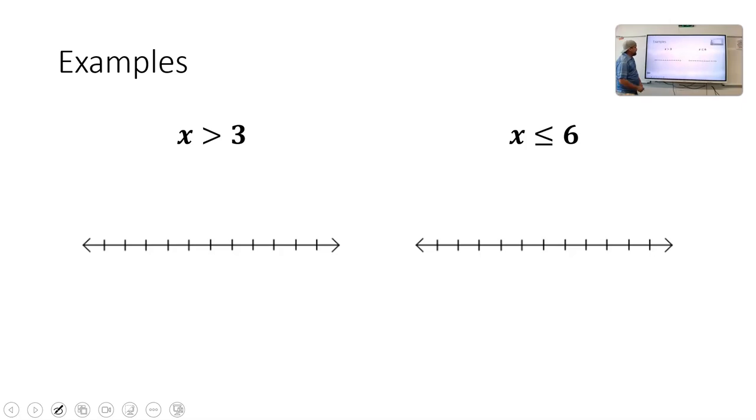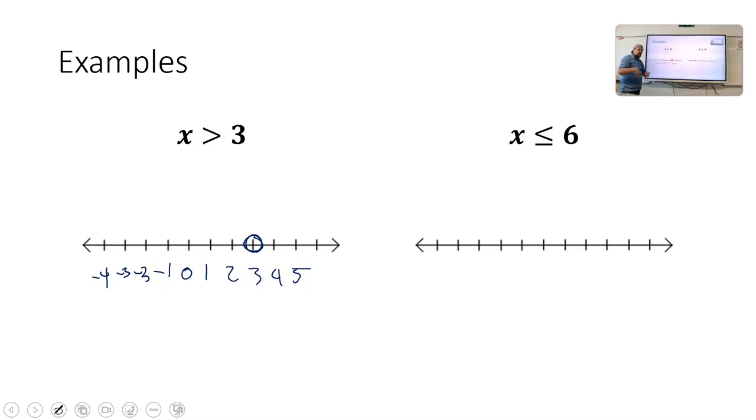So let's do a couple examples. x is greater than 3. Let's say I had 0, 1, 2, 3, 4, 5, negative 1, negative 2, negative 3, negative 4. What's our boundary number? Our boundary number is the 3. So I'm going to put a circle right here to identify the boundary number.